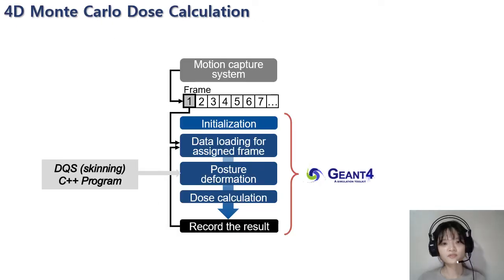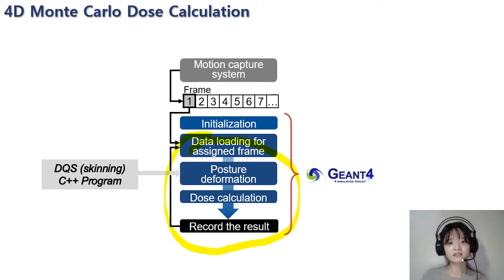For the Monte Carlo dose calculation, a dedicated Gen 4 program was developed by implanting DQS Phantom animation program in it. In this program, after the initialization, this loop here was repeated, and it deforms the phantoms for each frame and updates the Gen 4 geometry.